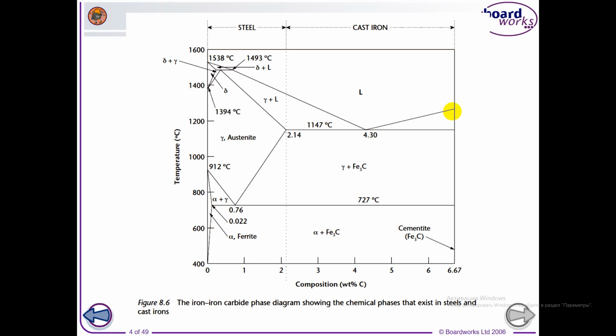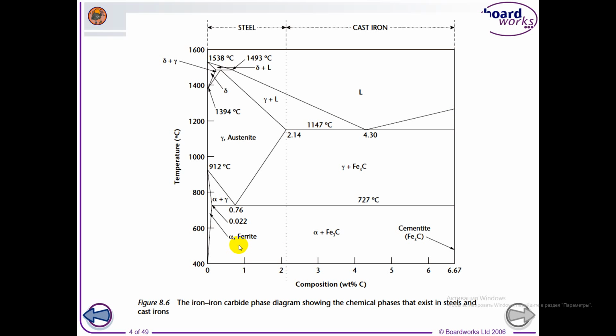Given the majority of steels are low and medium carbon, at least 70% of all metals or steels used worldwide contain less than 1% carbon. In fact, in most cases less than 0.7%.